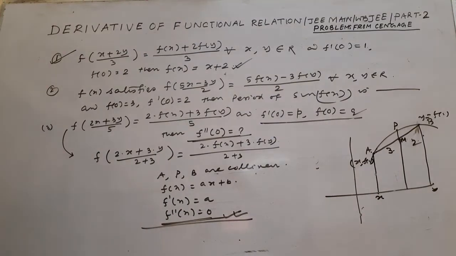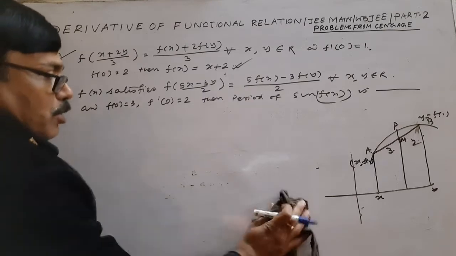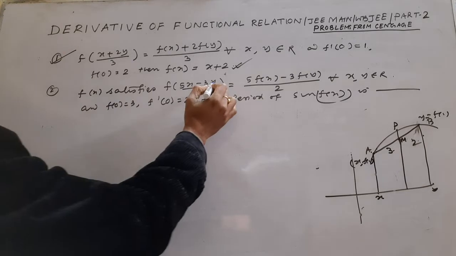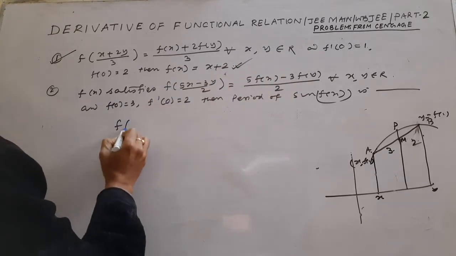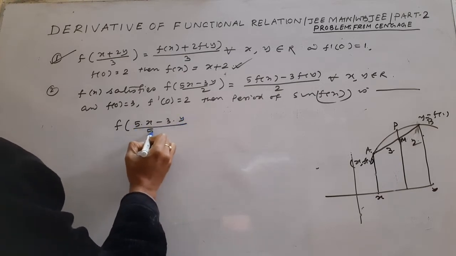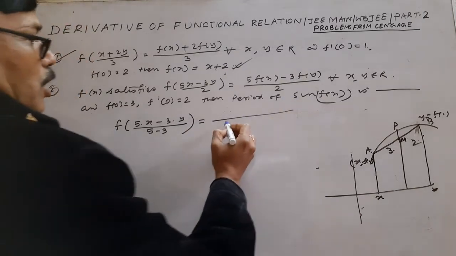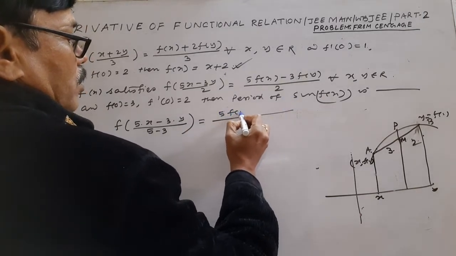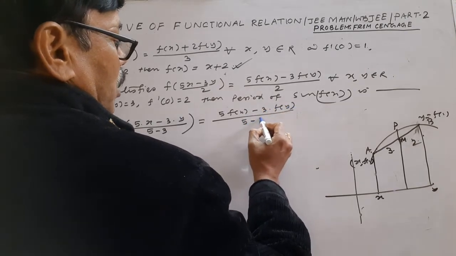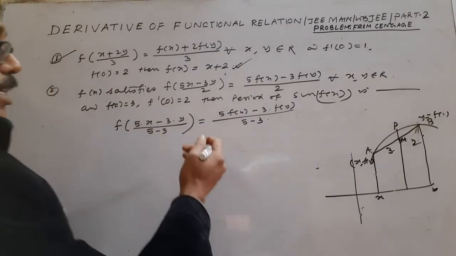Now, problem number 2. f satisfies this relation: f((5x - 3y)/2) = (5f(x) - 3f(y))/(5-3). So here the division is external.